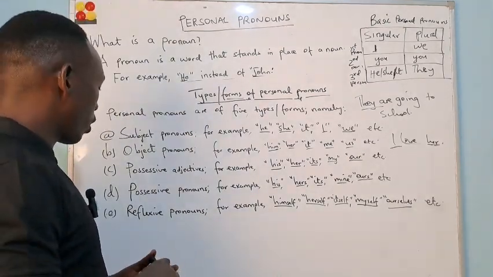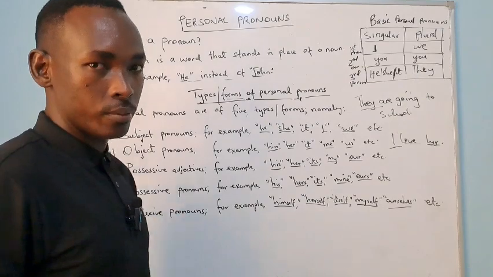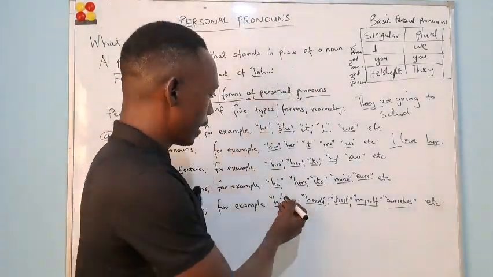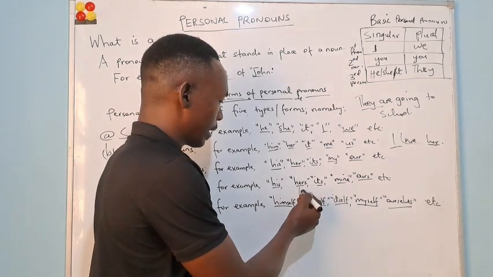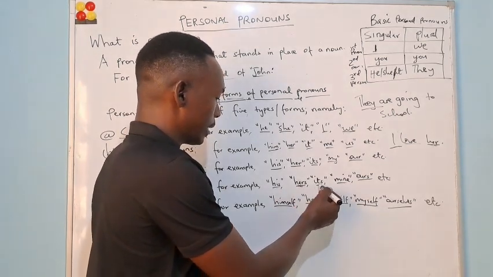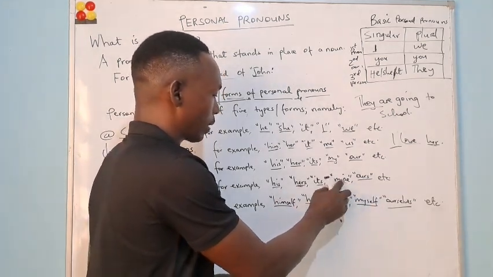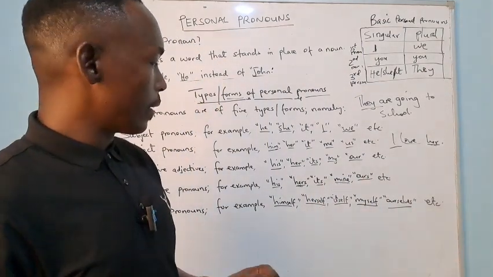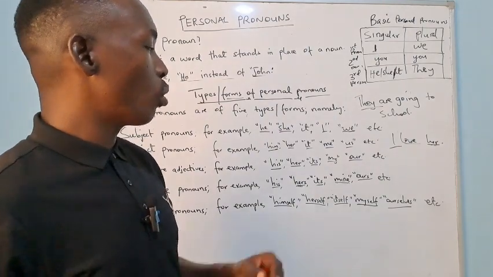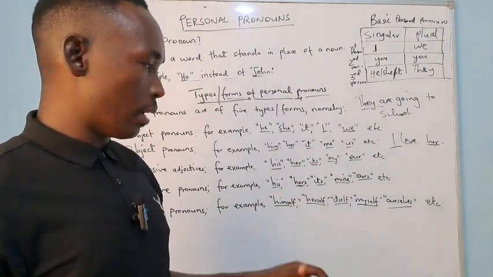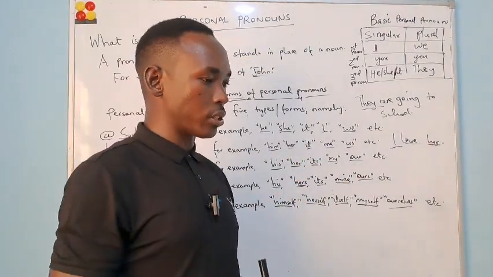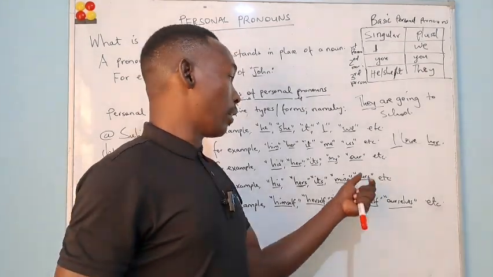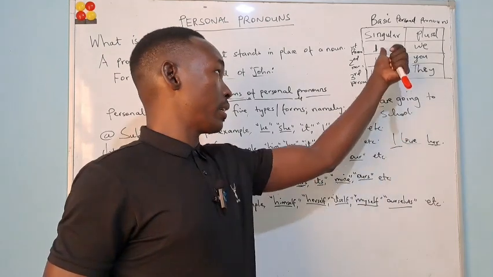Now we have possessive pronouns. Possessive pronouns like his, hers, its, mine. Okay, mine. This book is mine. This school is ours. This ours means we possess the school. Possessive pronouns, they are pronouns, but the basic form is from here.